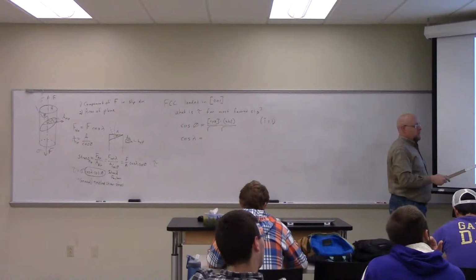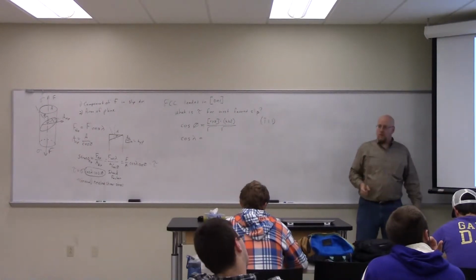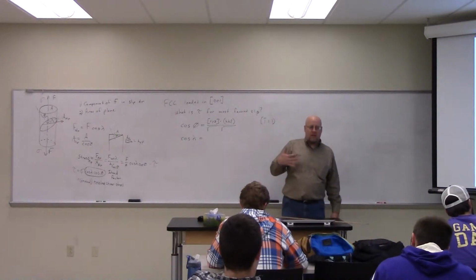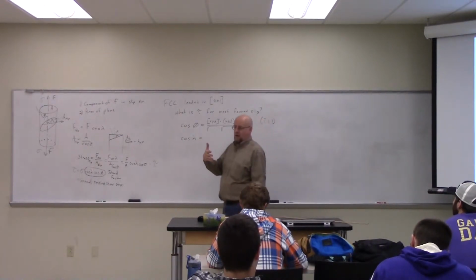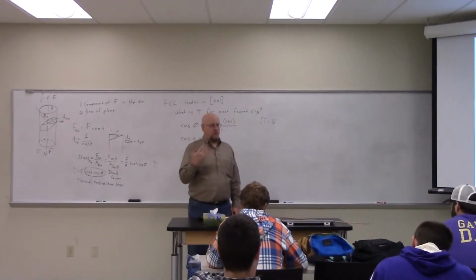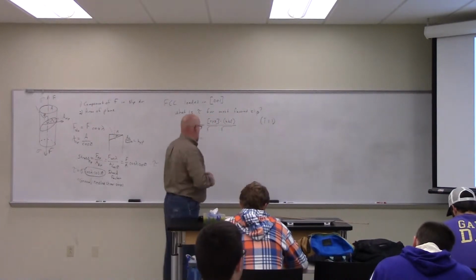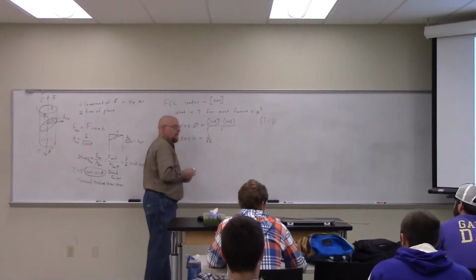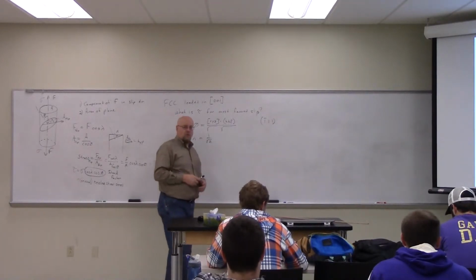Clearly the angle between those two is 45 degrees, because the slip direction is in the face plane. It's the face diagonal, so it's 45 degrees from vertical. So I know that cosine lambda is equal to 1 over root 2. Is that true for both directions?